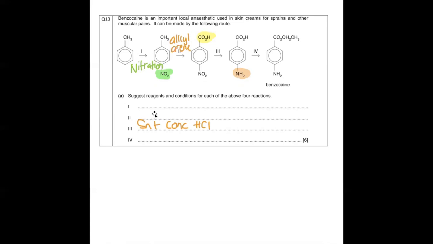Hint, if you look at reaction number 4, the only thing that's changing is the one that is attached to your ring here. Okay, you started with a COOH and then you have a COOCH2CH3. If you draw it out, I hope you can see that that is an ester.